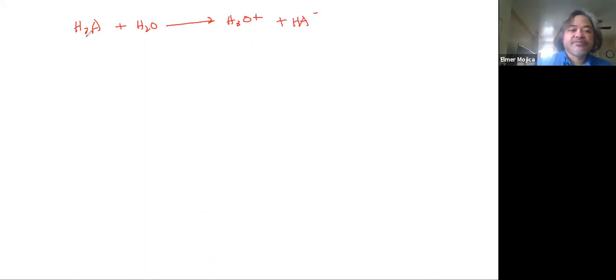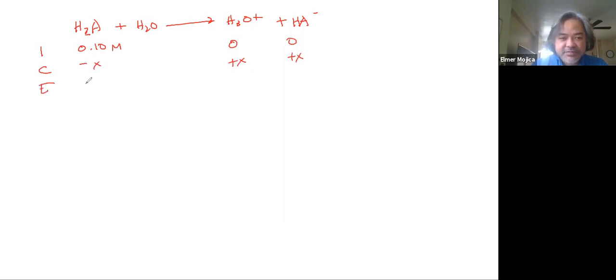As I've told you, the first dissociation is H2A plus water giving you H3O plus and HA minus. The initial is 0.1 molar, and you don't have anything else. The changes are minus X, plus X, plus X. At equilibrium, this is 0.1 minus X, and you have X and X.